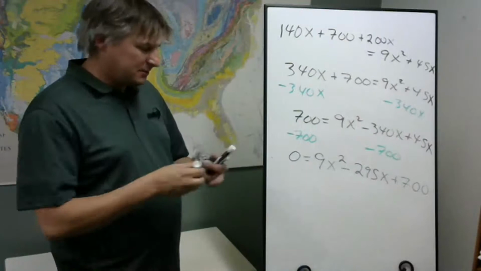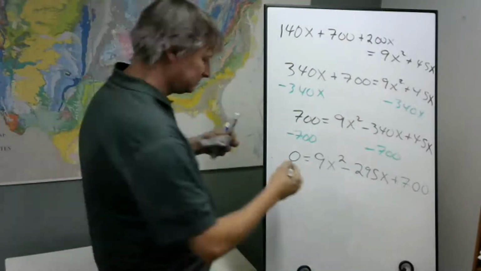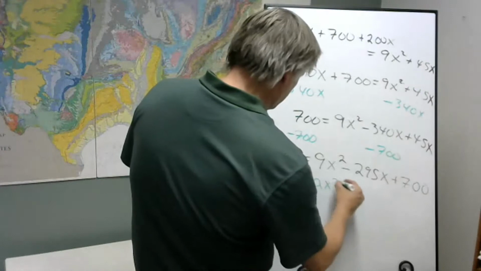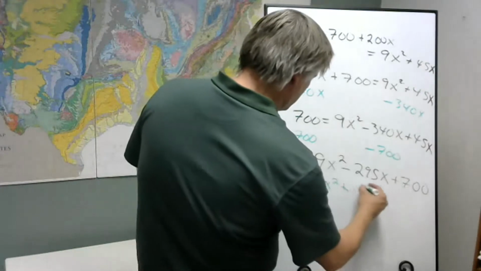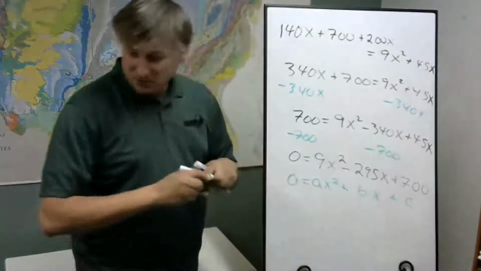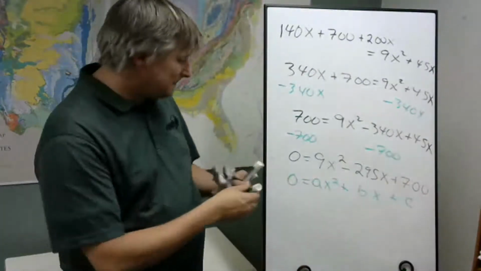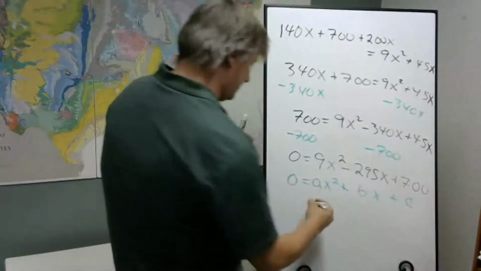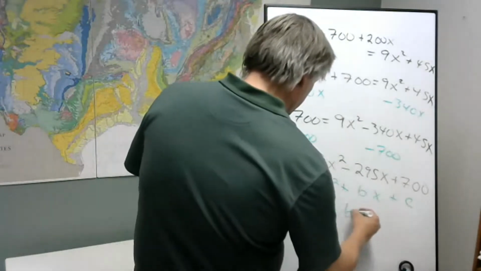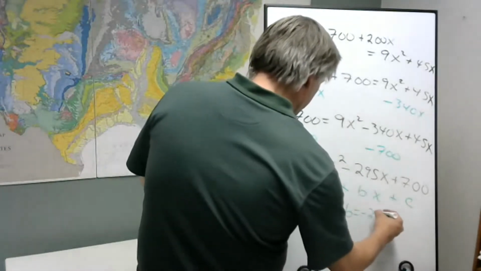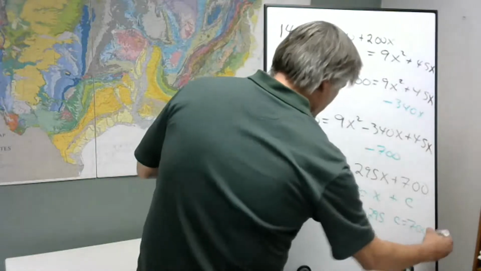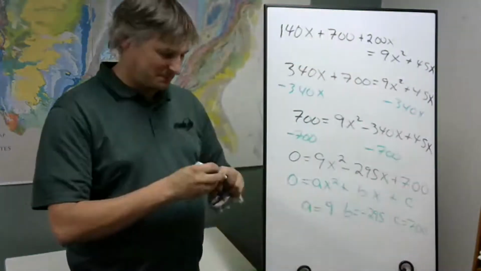Now, we want to think of this in terms of a quadratic equation. So what that's going to mean, A equals 9, B is negative 295, C equals 700.